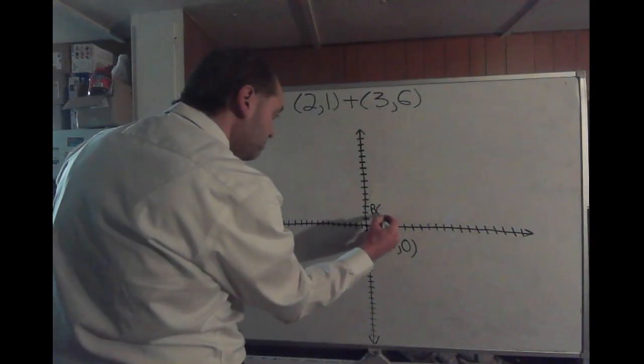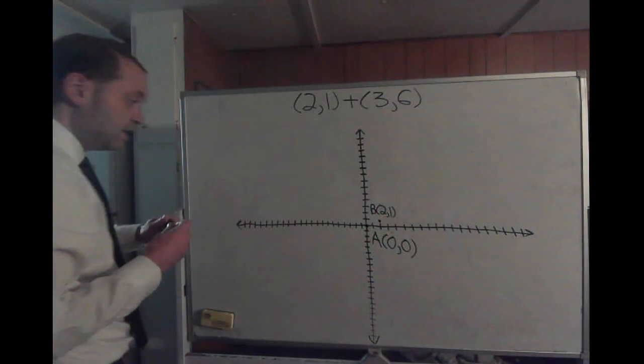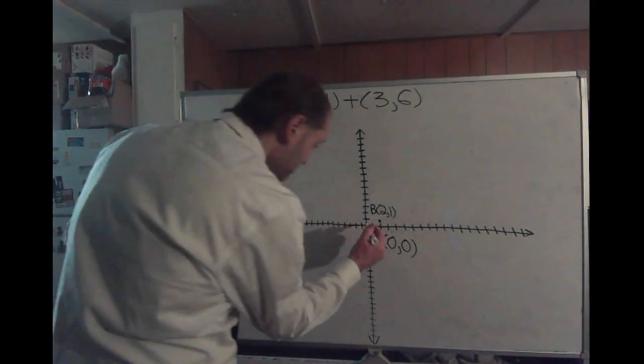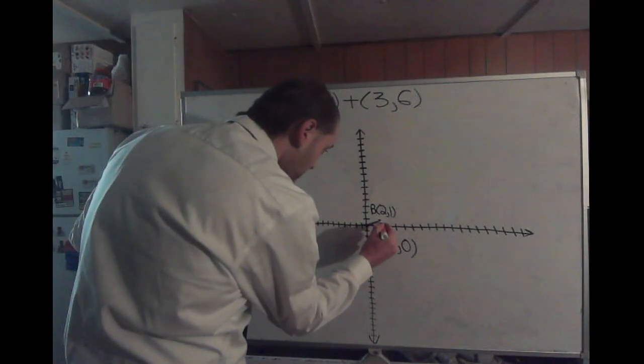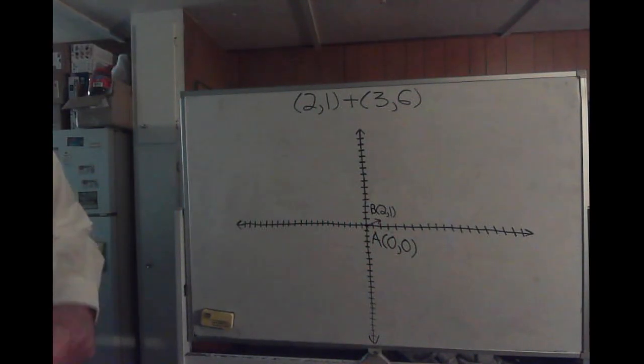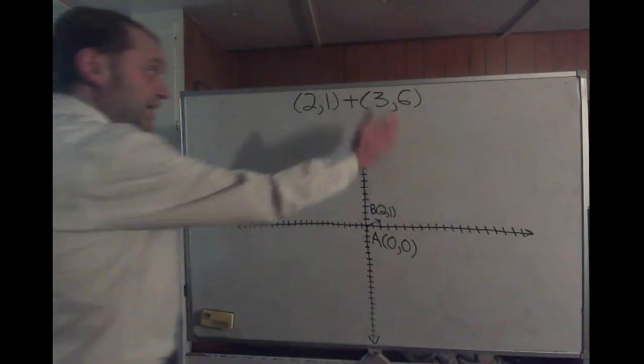So point B would be located at 2, 1, right? So let's go ahead, let's draw me a nice vector from A to B. A small little thing, right? But you get the idea. There's my vector.